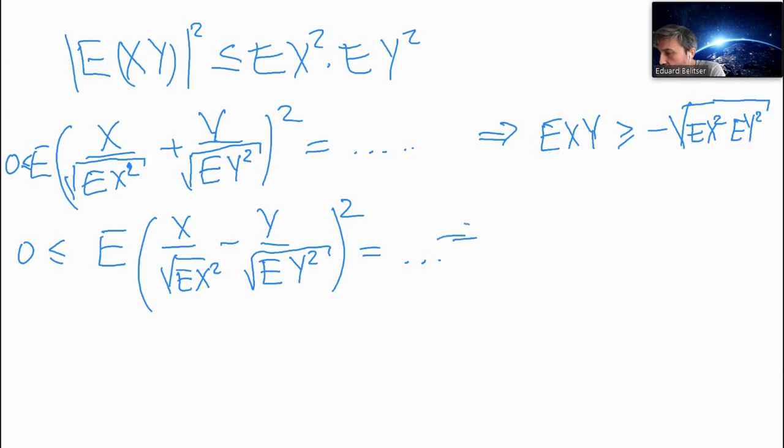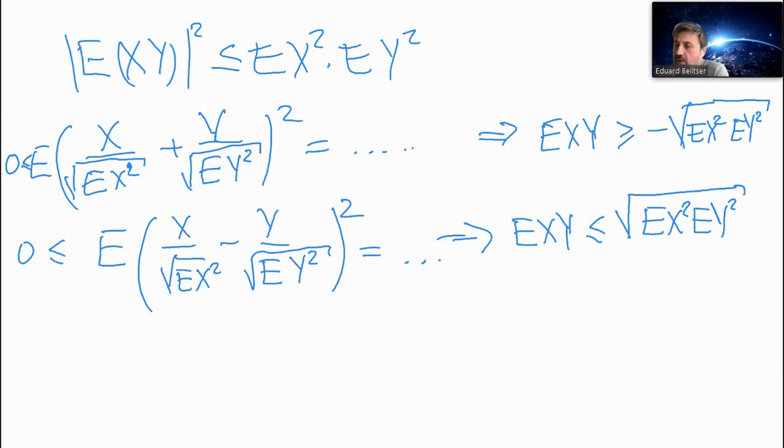And from the other, you should conclude that the expectation of xy is less or equal than the square root of that thing. That's exactly what you need. Just work this out at home. It should not be difficult, and you will see that this is always true. That's kind of an amazing thing, isn't it?